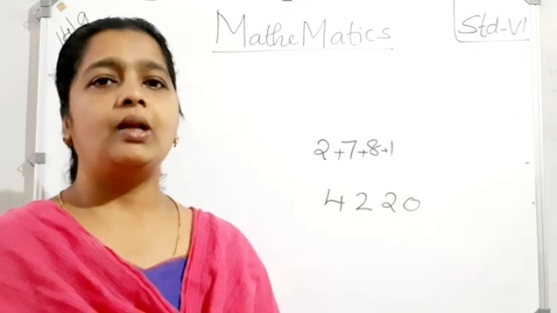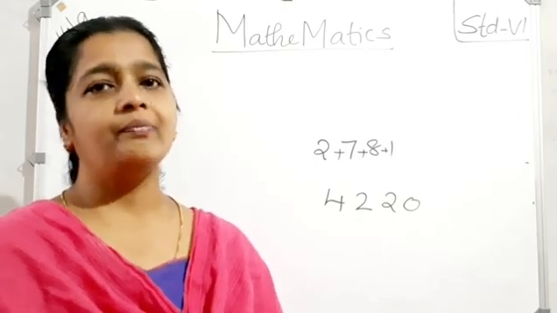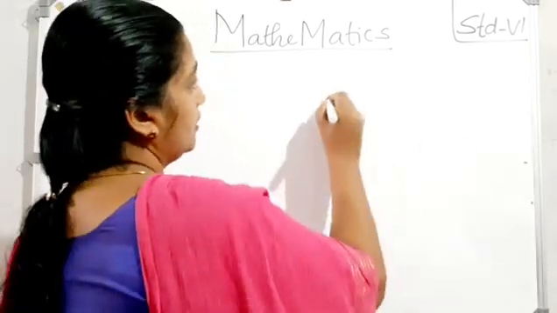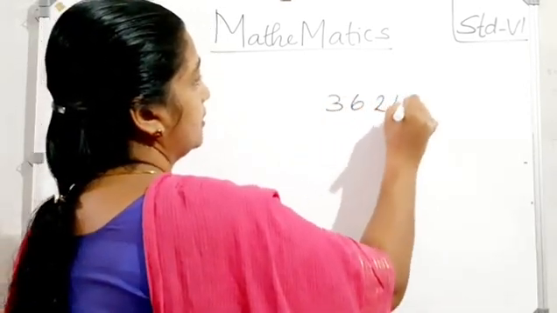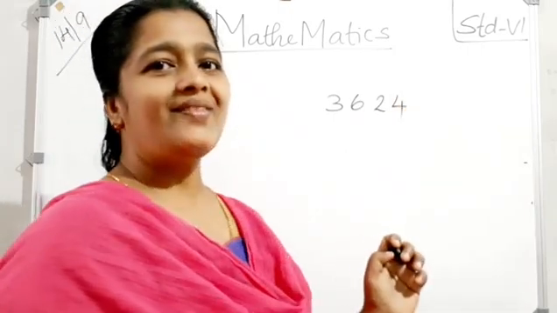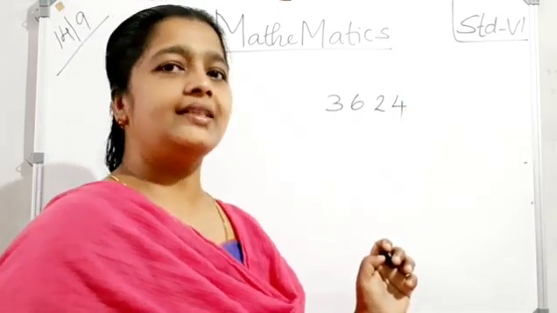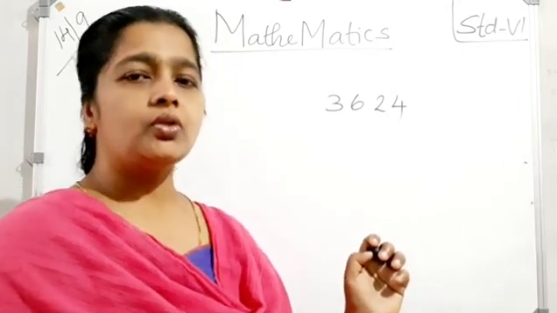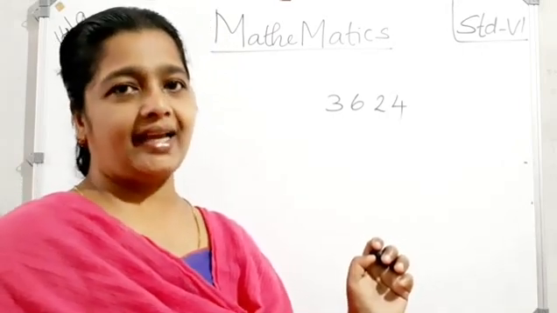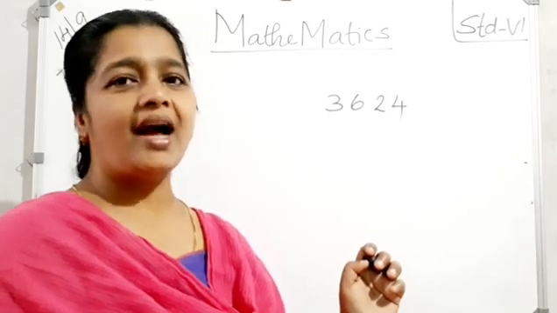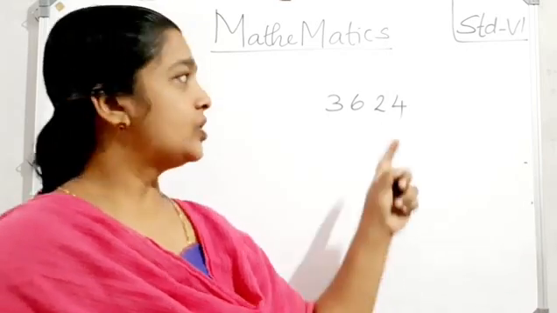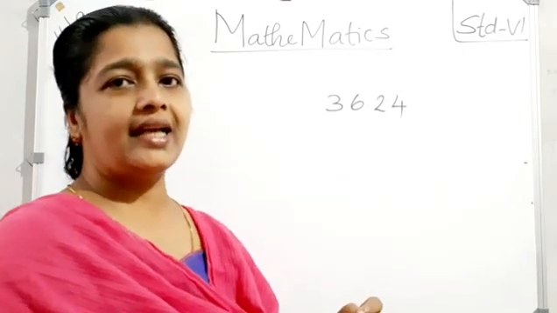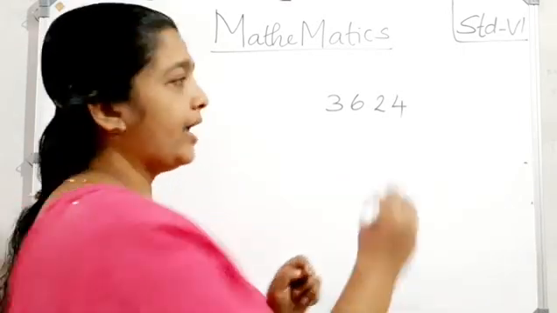Next, divisibility by 6. Say the answer. Example, divisibility by 6. First you want to check divisibility by 2 and 3. If a number is divisible by both 2 and 3, then we can say that the whole number is divisible by 6. Understand? So here the last digit is 4, so we can say that the number is divisible by 2.